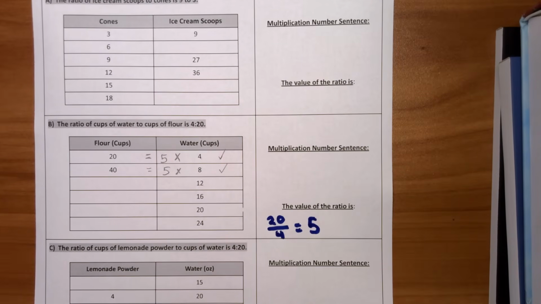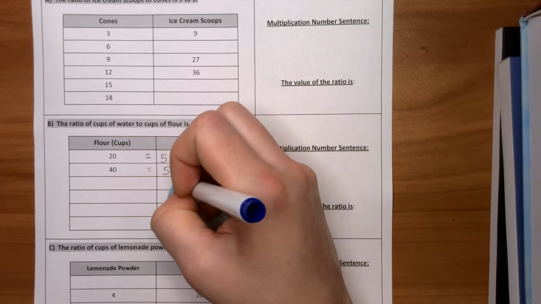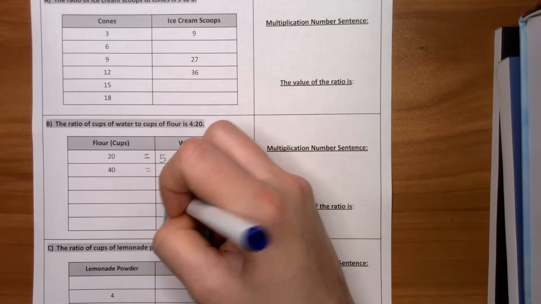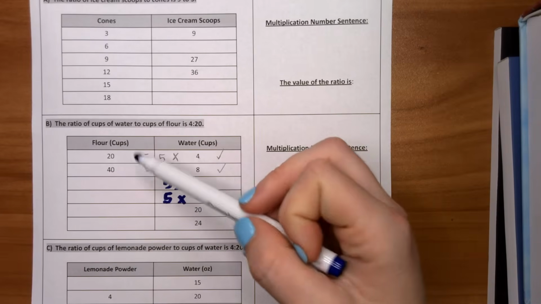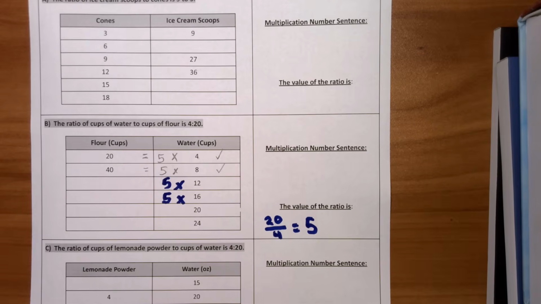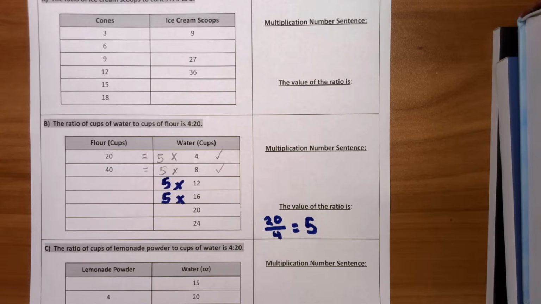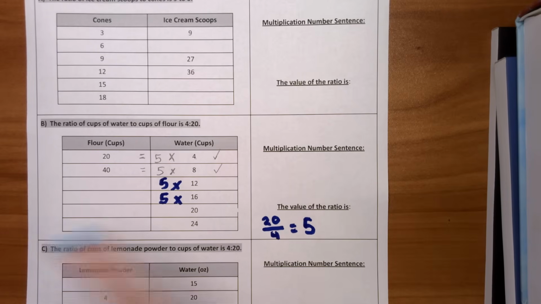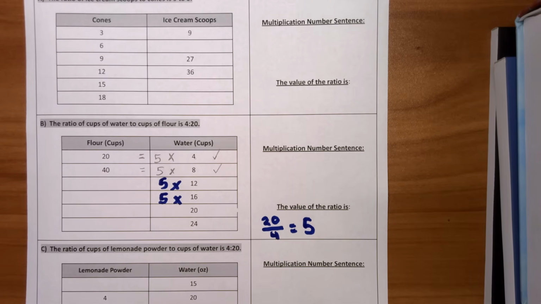So I'm going to continue that pattern down. I'll multiply 12 times 5, 16 times 5, and so on. And I'll let you fill in this section on your own. Pause the video and fill in the rest of the table in B and write your multiplication number sentence.